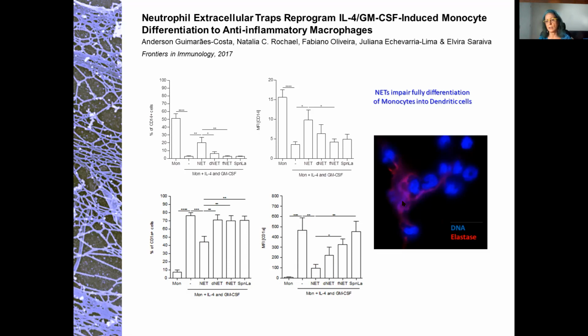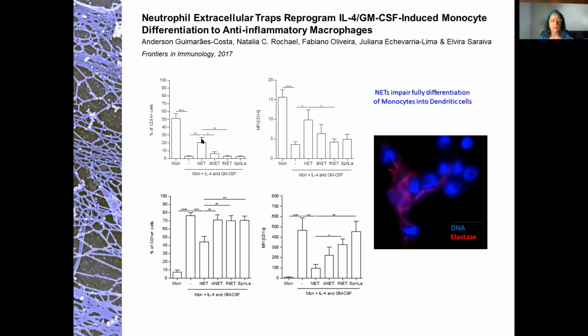So we are seeing here a NET interacting with monocytes, and this NET is labeled with antibody against elastase, and the cells are labeled with DNA showing the monocyte nuclei.